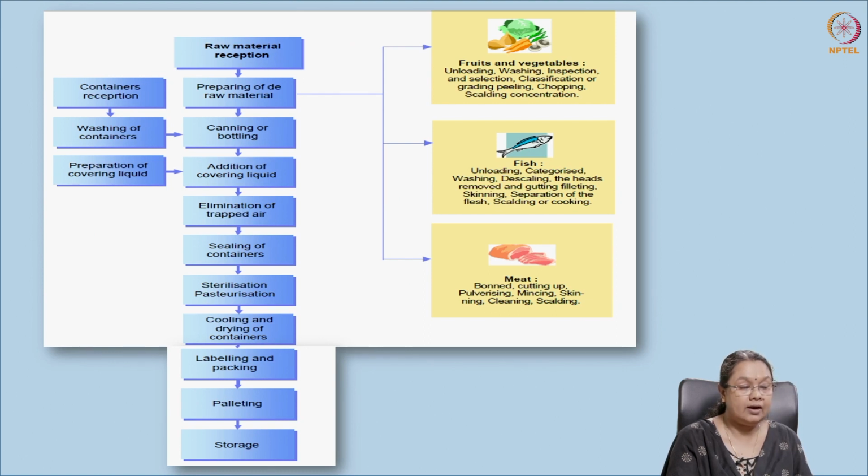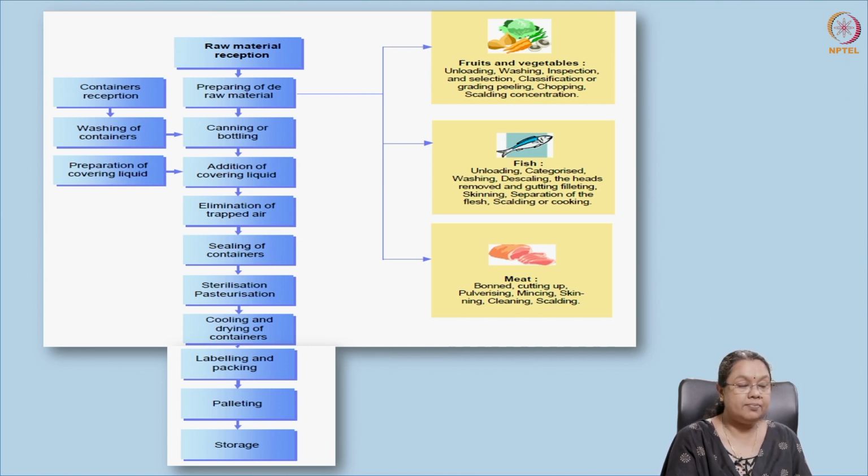After adding the liquid, the trapped air inside the can is removed by exhausting, and after that the cans are sealed. Anything adhering to the walls is removed by washing, wiping and drying, and then it is subjected to sterilization or pasteurization, and then it is cooled.